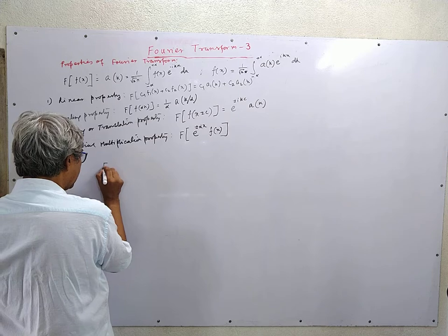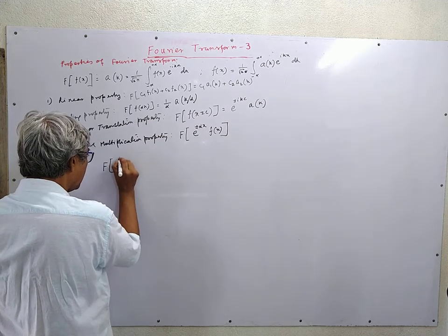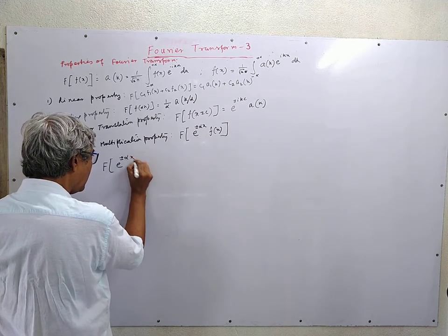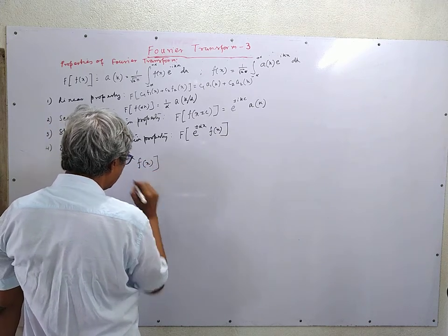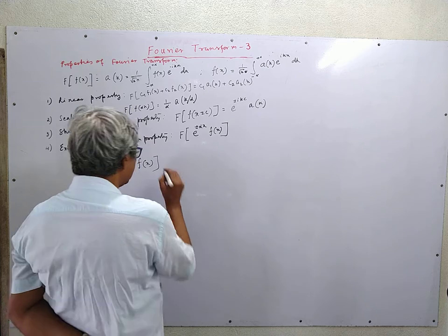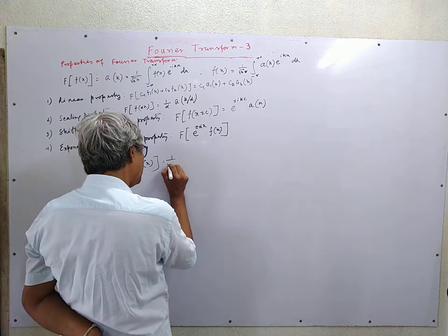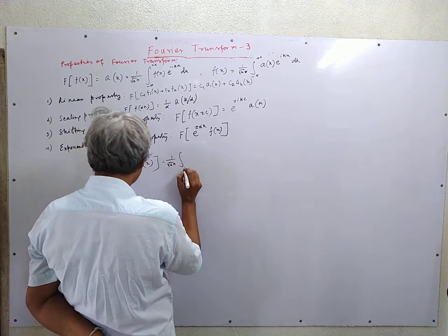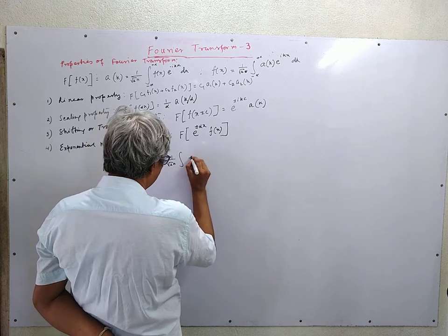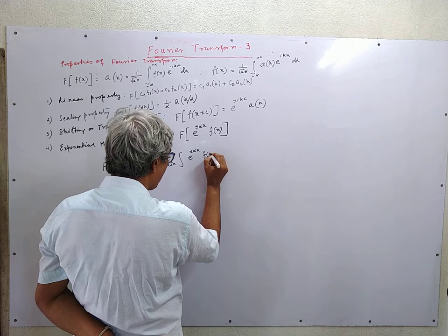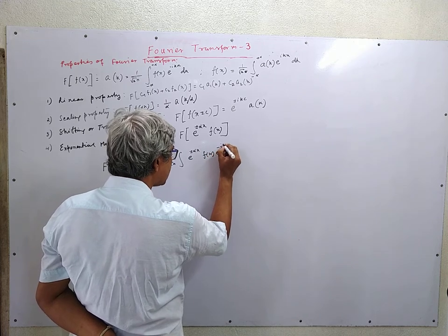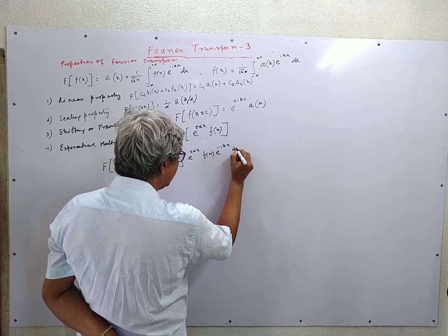Let us start with that. Then we write it as 1 upon root 2 pi integration e to the power plus minus alpha x f of x e to the power minus ikx dx.